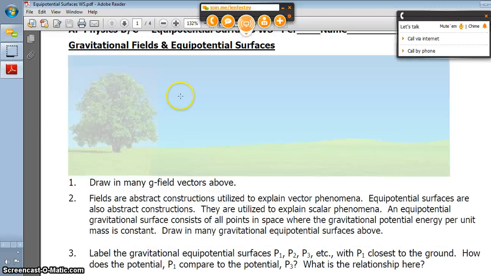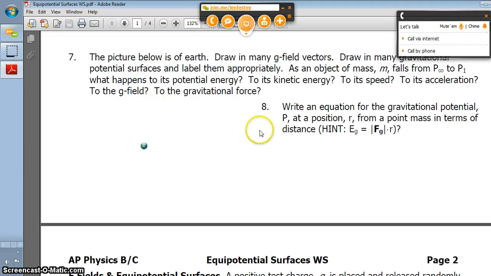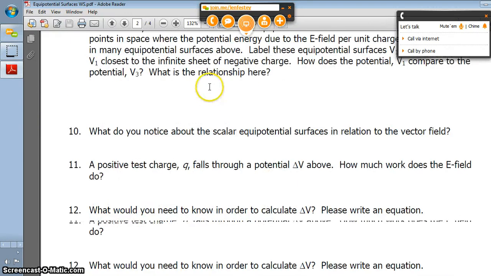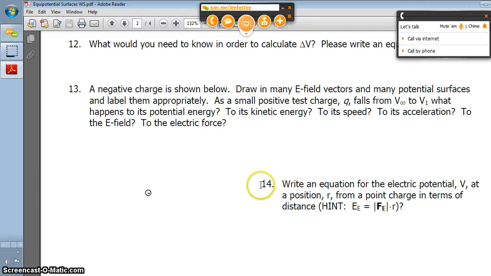I'll give you a hint. Think about potential energy. I think this should be pretty easy, except for maybe equation number 8. And I think all the way to page 2, all the way through the equations, all except for number 14. Although I think you can probably do 18 and 14 given my hints.